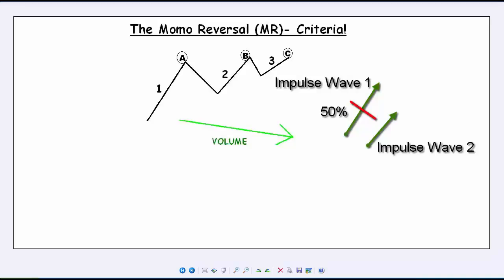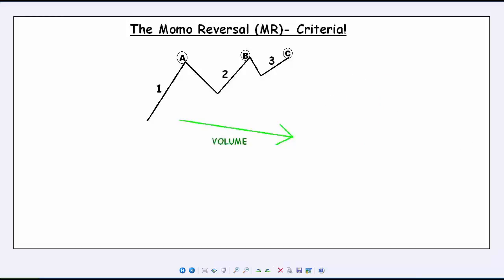So it's between 50 and 100% in length. And the same relationship holds true for the comparison of impulse wave 3 compared to impulse wave 2. That is, 3 should be bigger, greater than 50%, but less than 100% of impulse wave 2.